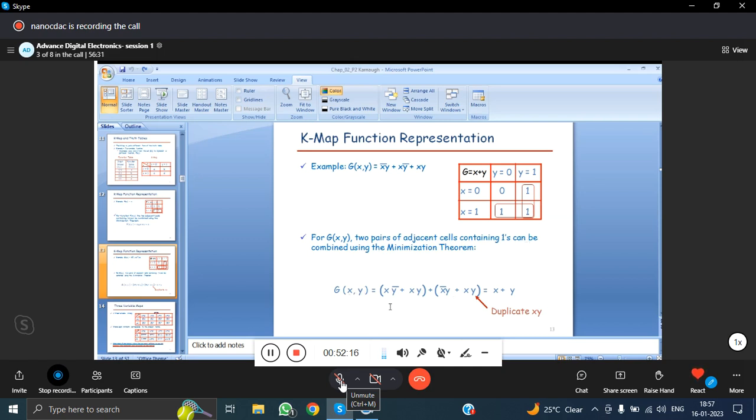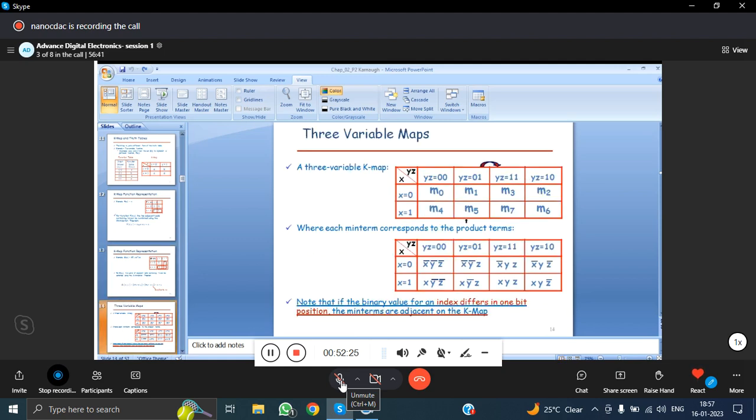You can even write it as x y bar plus x y plus x bar y plus x y, which is equal to x plus y. You can write it like this.